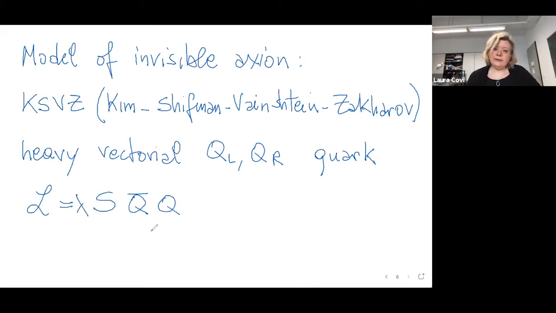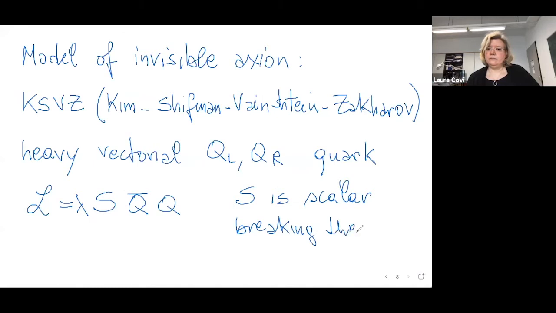And then what happens is relatively clear. The degrees of freedom of the axion are actually contained in this scalar field. So S is the scalar breaking the Peccei-Quinn symmetry.